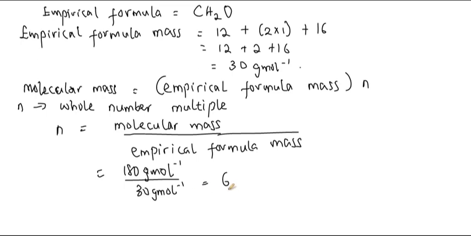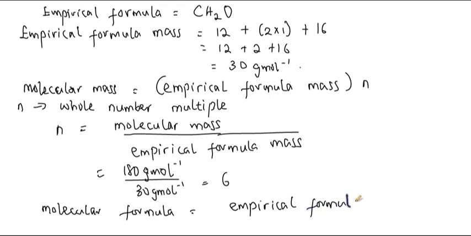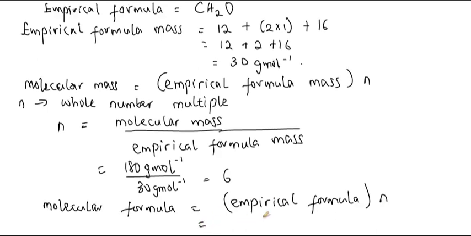Since we've gotten n to be 6, then it will be easier for us to get the molecular formula of the compound. Then we can say molecular formula equals empirical formula into bracket of n. The empirical formula is CH2O, and we've gotten the whole number multiple, which is n, to be 6.